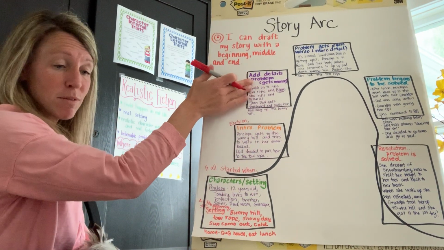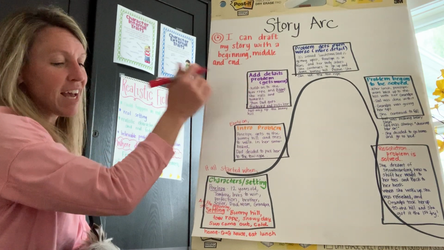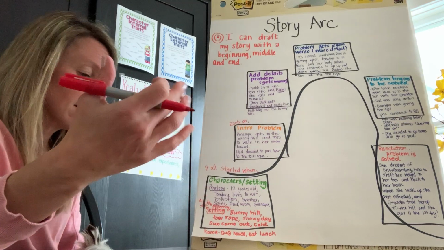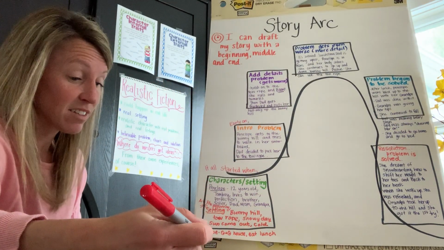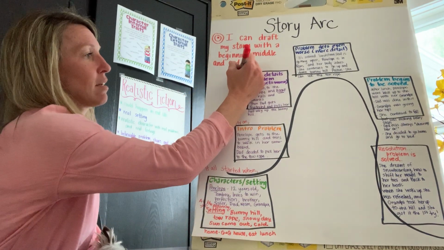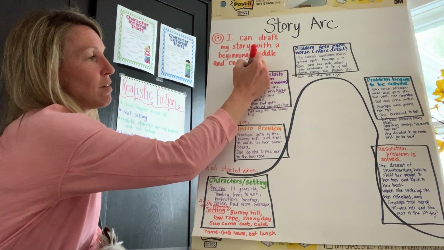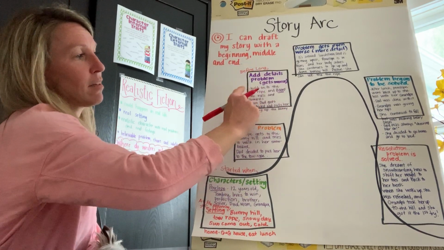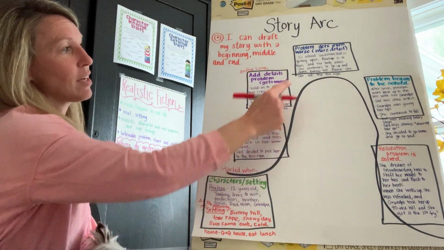And then as the problem gets worse, here are some good middle transition words: after that, at the same time, before long. Things were not getting better, right? I could use before long, comma, and then I could start that paragraph.